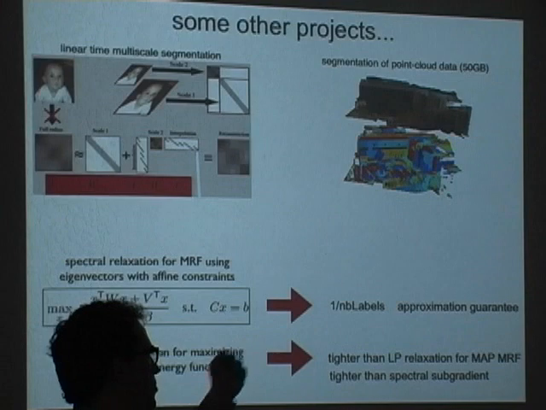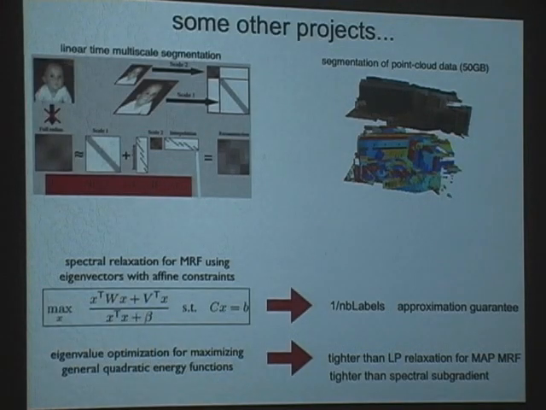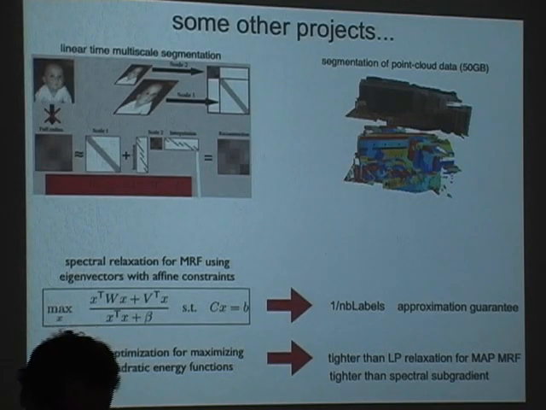And we obtained a 1/number-of-labels approximation guarantee. And we extend this using an eigenvalue optimization for maximizing arbitrary general quadratic energy functions under affine constraints. And we can show that we have tighter than LP relaxations for MAP MRF and tighter than spectral subgradient. We can talk about this if you're interested.